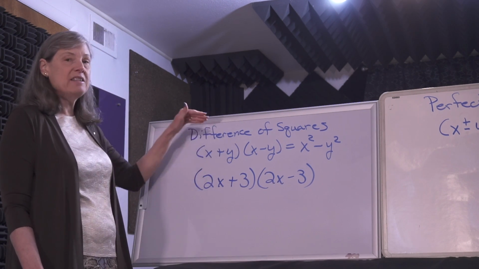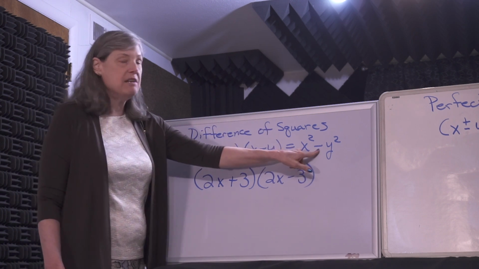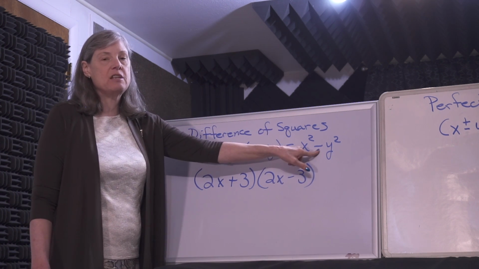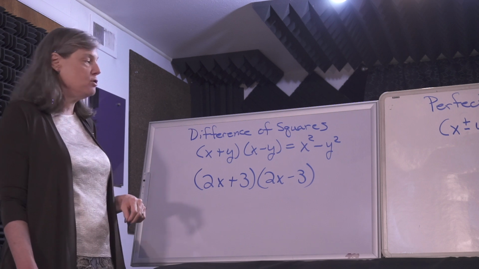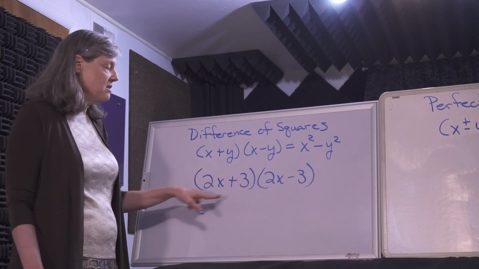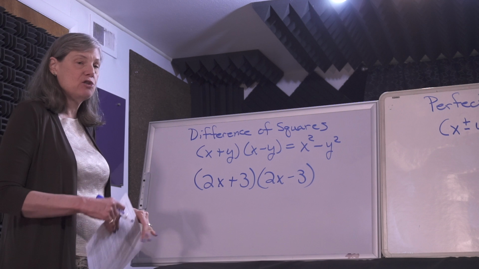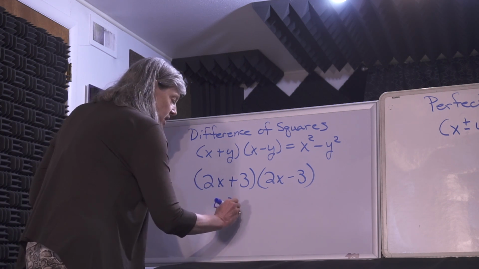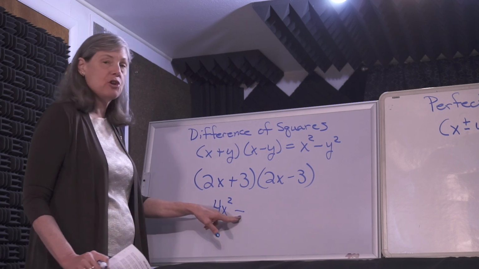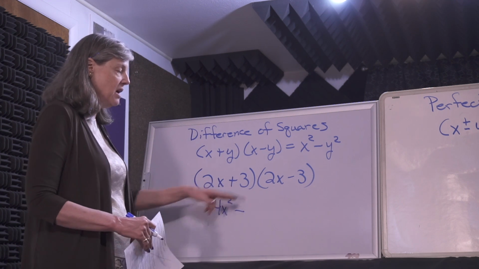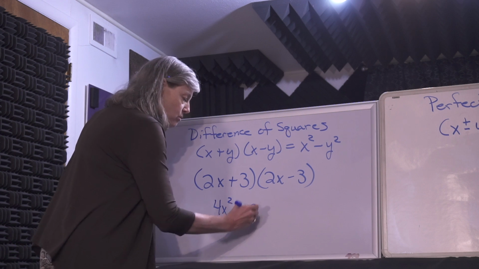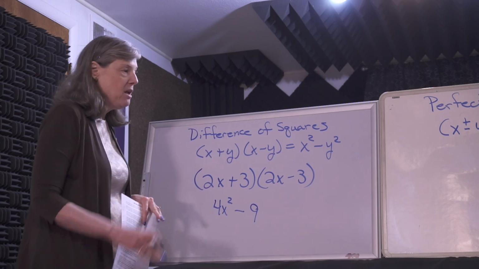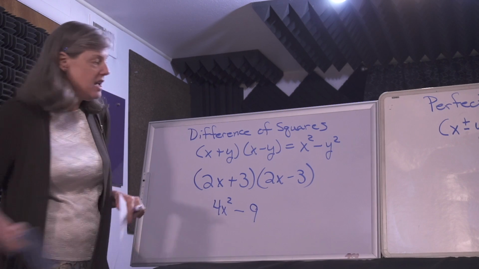So I know that's a difference of squares. Difference meaning subtraction. Difference is the name of the answer when we subtract. So I'm just going to take my x's and square them. So 2x squared will be 4x squared. This is a difference, so it's always minus. And then I take my y and square it, 3 squared. Okay? So we go straight to the answer.